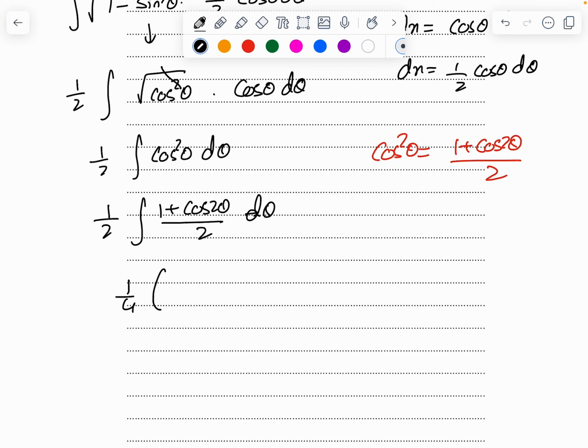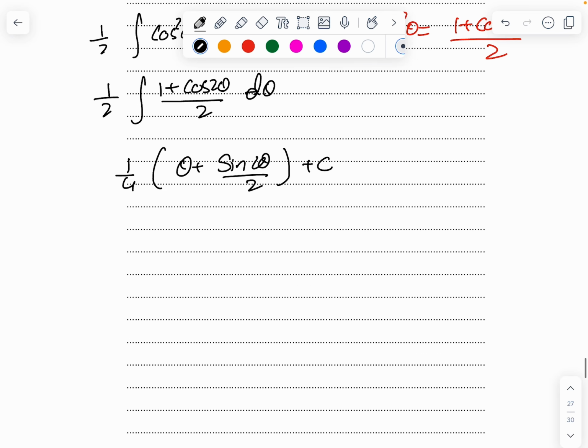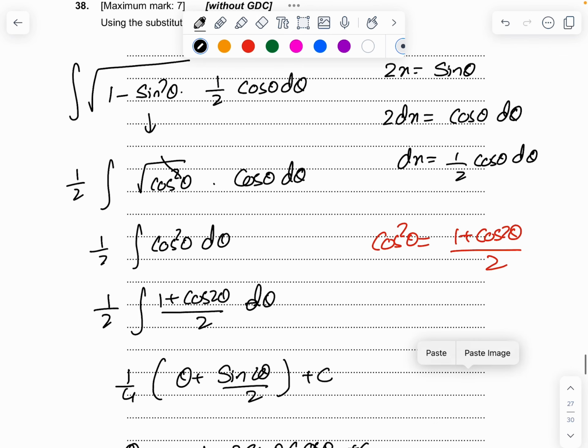So 1 upon 4, the integral of 1 is theta, and the integral of cos 2 theta is sin 2 theta by 2. So it becomes theta by 4 plus 1 upon 8 sin 2 theta, which is 2 sin theta cos theta, plus c. So what is theta? Theta is sine inverse of 2x.